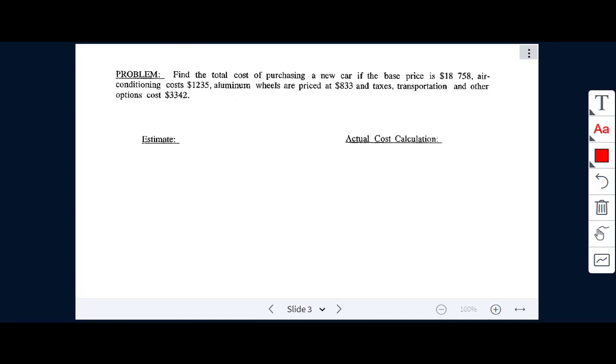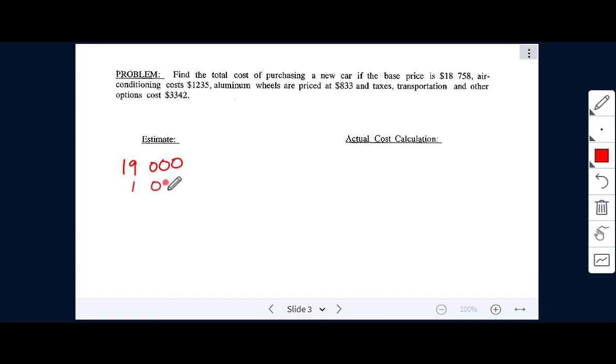So for the estimate, I am going to take the 18,758 and I'm going to round that to 19,000. And I'm going to take the air conditioning cost, which is 1,235. I'll round that to 1,000.